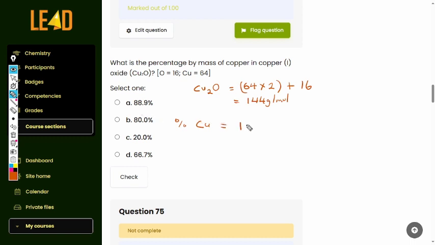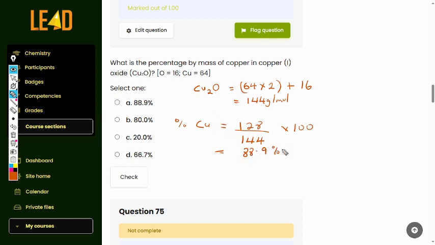So we have 128 over the total mass, which is 144, times 100. When we compute that, 128 divided by 144 times 100 gives 88.8. 88.888 is a repeating decimal, so it's going to be 88.9. So the answer is A.